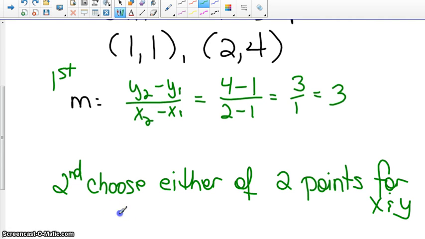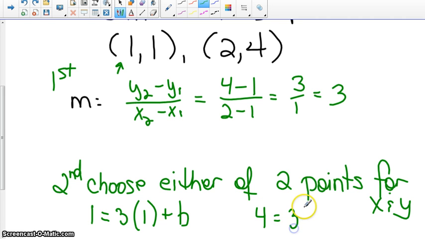So what we're going to do is, let's pick a point. Let's pick the first point, this one right here. So we're going to say y equals m, which is 3, x is going to be 1, plus b. Let's do it over here just so you see. If we pick the other one, it would be 4 equals m, x is 2, plus b.